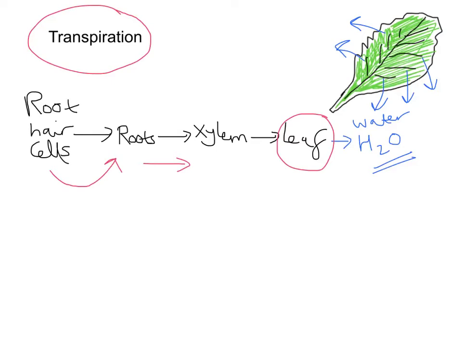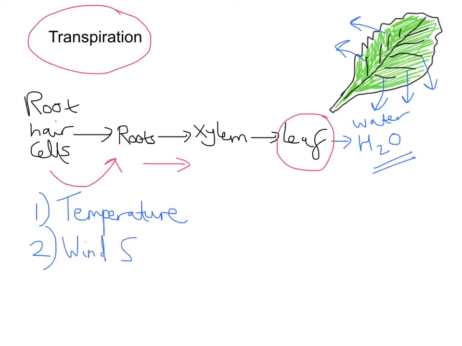So let's make a note of the factors that would affect the rate at which this evaporation and diffusion of water from inside the leaf would occur. So the factors affecting transpiration. The first is temperature. Second, wind speed. So I'm going to list the four factors and then we'll explain exactly how they affect transpiration.